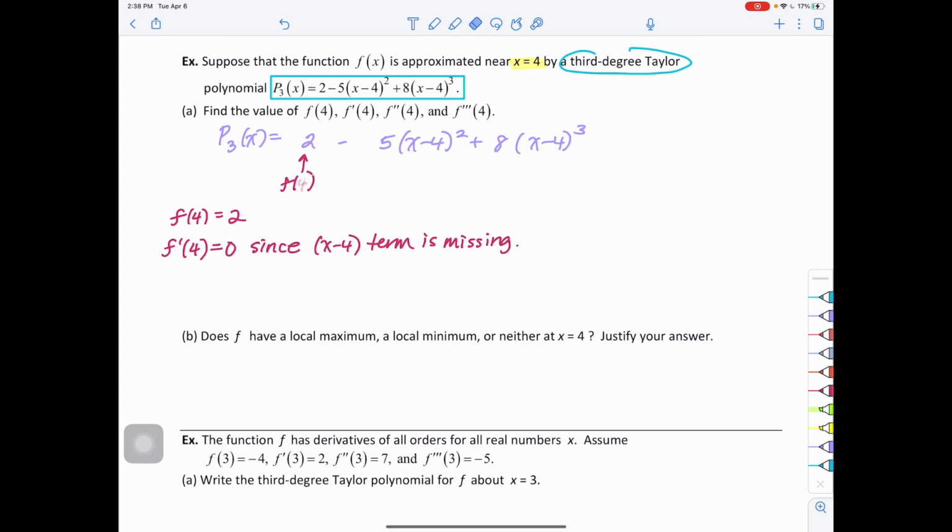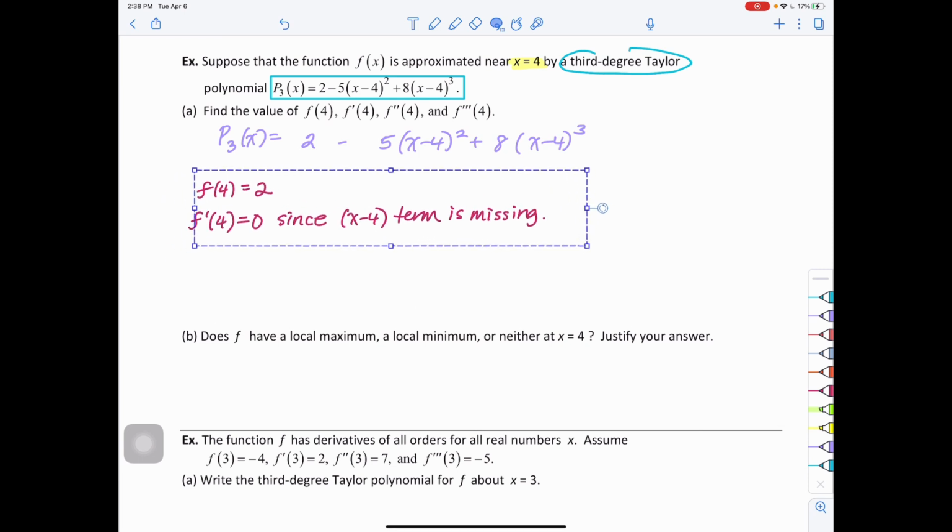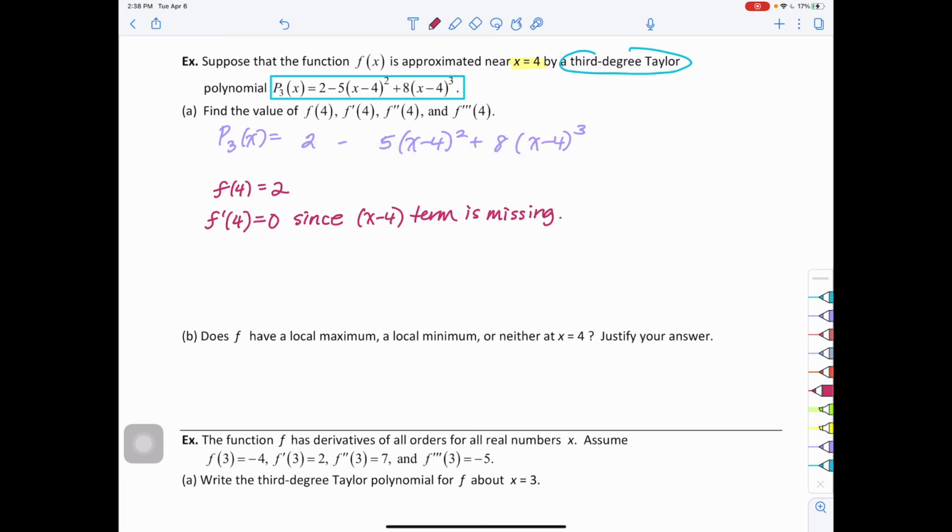There is no term that shows that, okay, right here. I could do it with this pencil right here. Right in there would be the x minus 4 to the first power, okay? So then what do we notice?